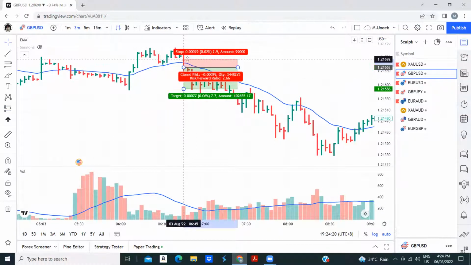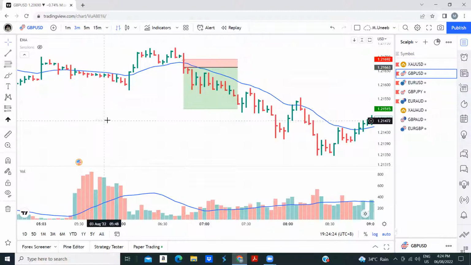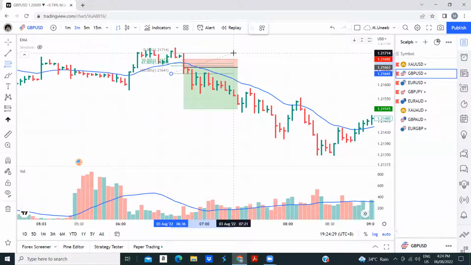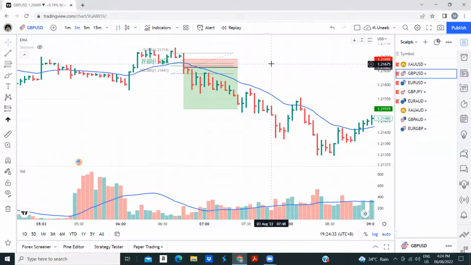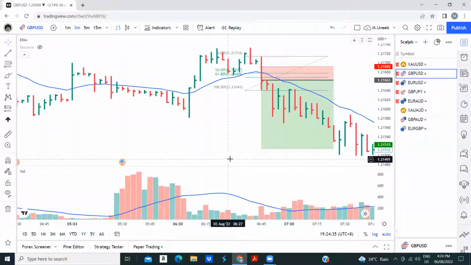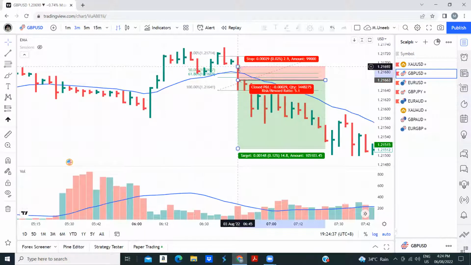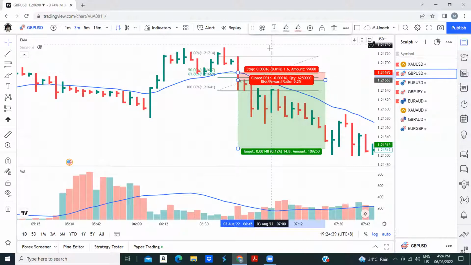Your stop loss would go somewhere around here. If you do a Fibonacci retracement, where should your stop loss go? Yes, from here to here. Your stop loss would be just right over here.